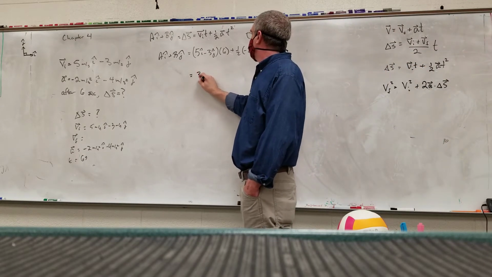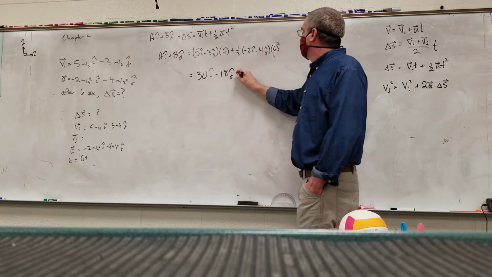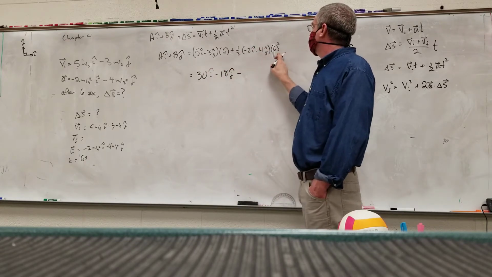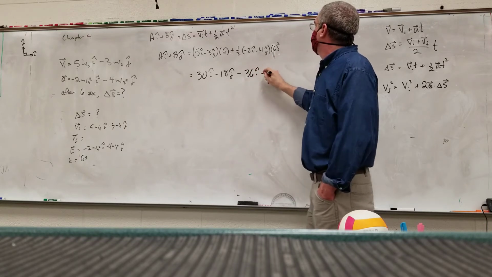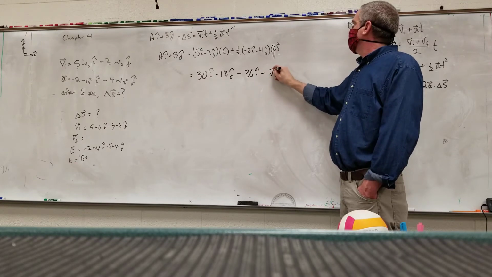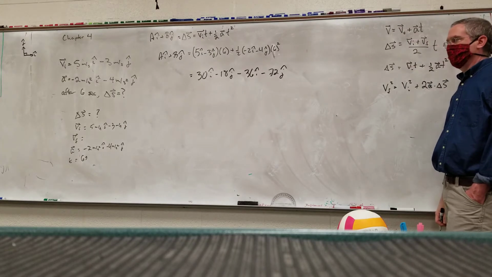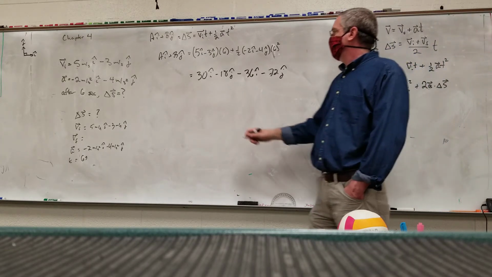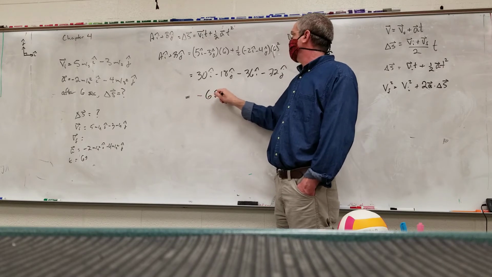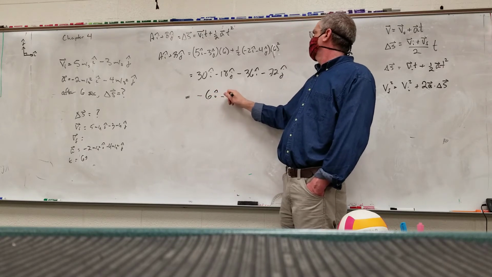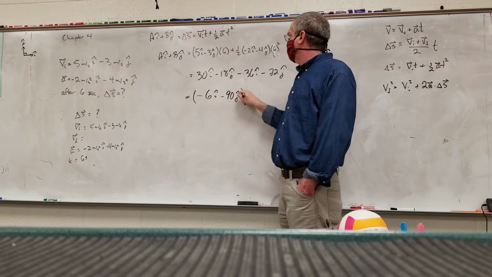So this becomes 30 I hat minus 18 j hat minus 36 I hat minus 72 j hat. Combine like terms: negative 6 I hat minus 90 j hat meters.